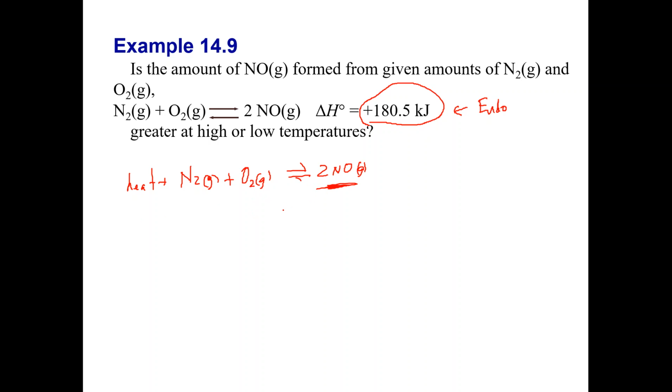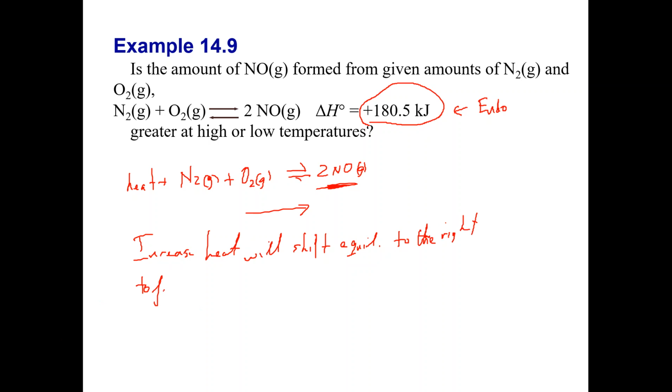So therefore, you have to choose which one will push the equilibrium to the right to favor the formation of NO. And the answer obviously is that an increase in heat will shift equilibrium to the right to favor the formation of NO. And that's basically the answer for this question.